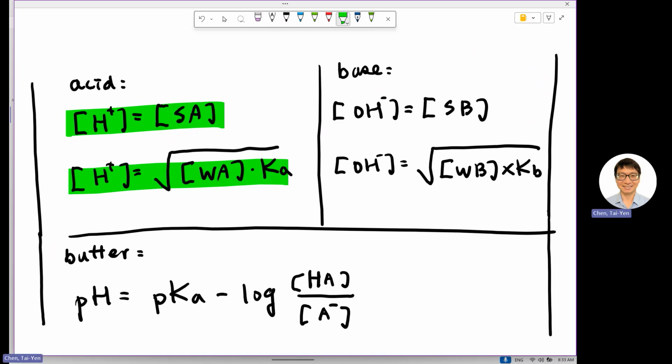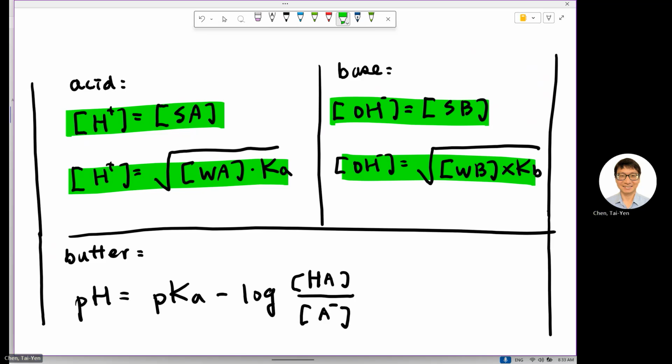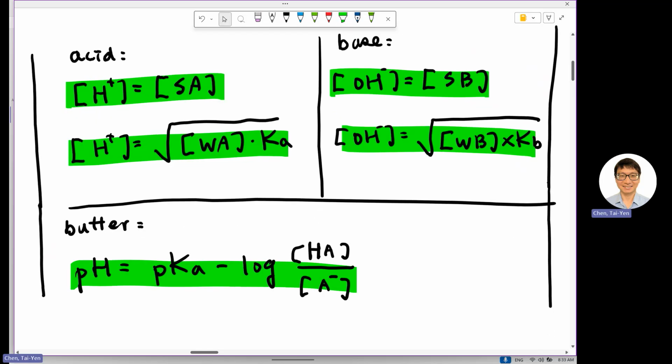Similarly for base, you have exactly the same situation, but you substitute H plus with OH minus, and acid with base, Ka with Kb. That is how you calculate the OH minus concentration. Then you calculate your pOH, then you calculate your pH. For the buffer, there's only one equation to memorize, right?